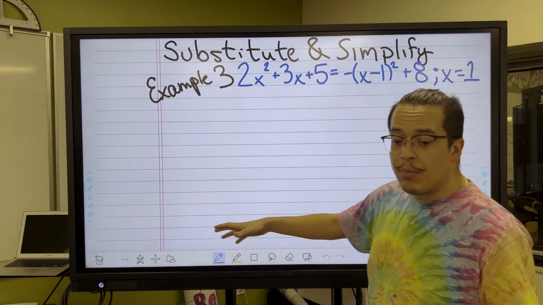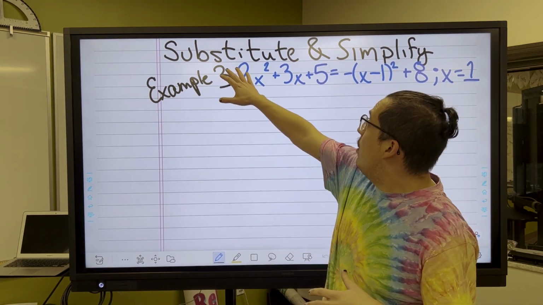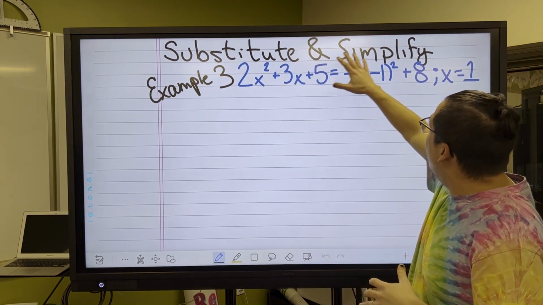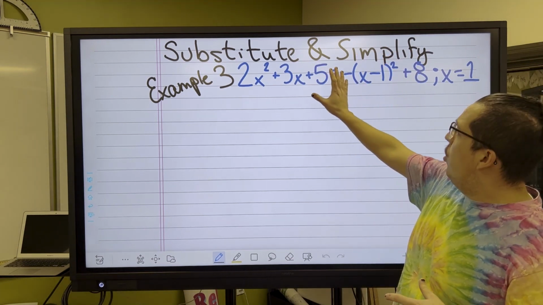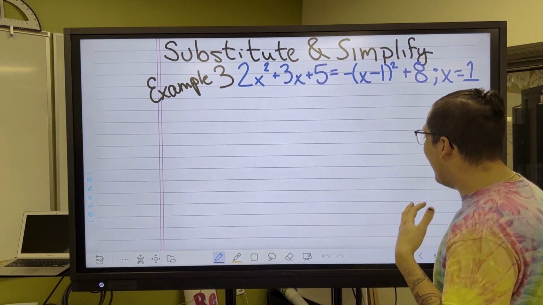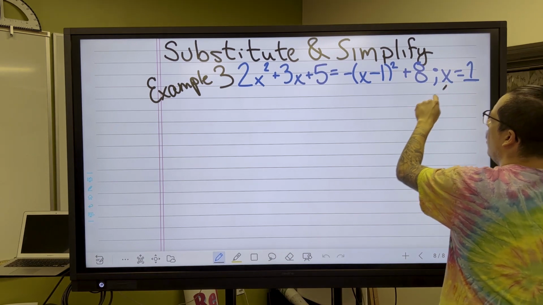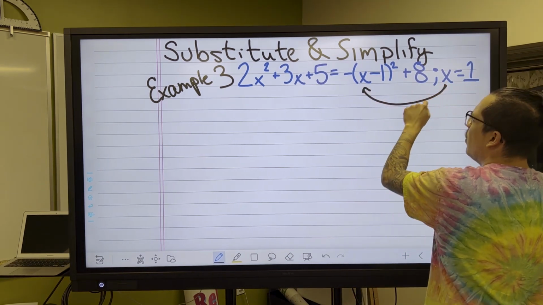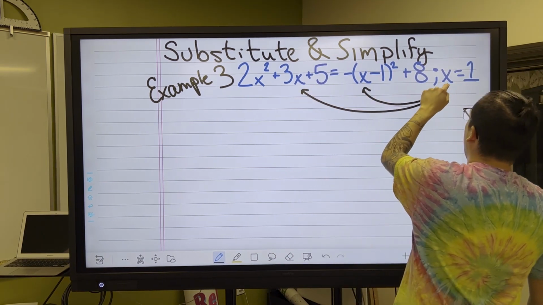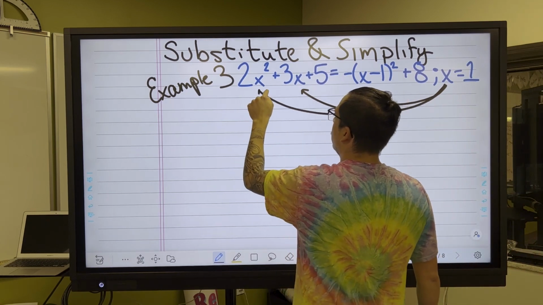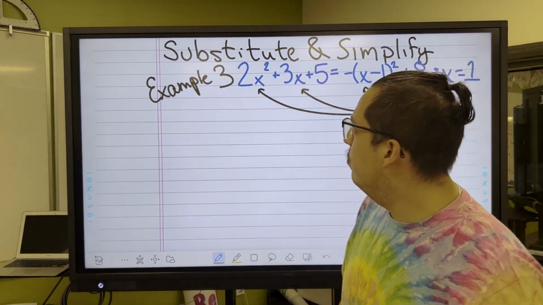Okay, we're on example 3 now, and in example 3 we have to substitute and simplify. And we have ourselves a complicated expression, but we know how to substitute, so we can take care of this. We know how to simplify, so we can take care of that too. Let's get into it.